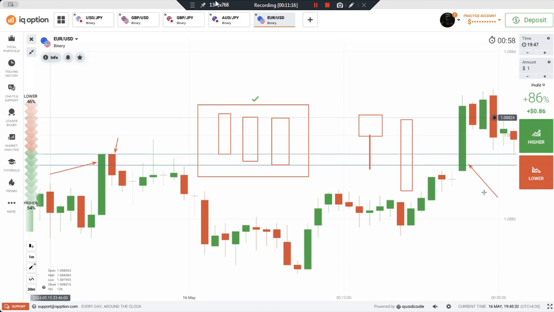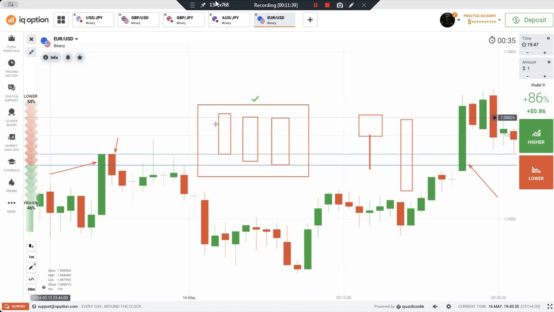So you will escape this loss like that. So that's why I'm telling you, the rejection is riskier than waiting till the market closes exactly at the level. These three types are the safest way for you to open your trade.